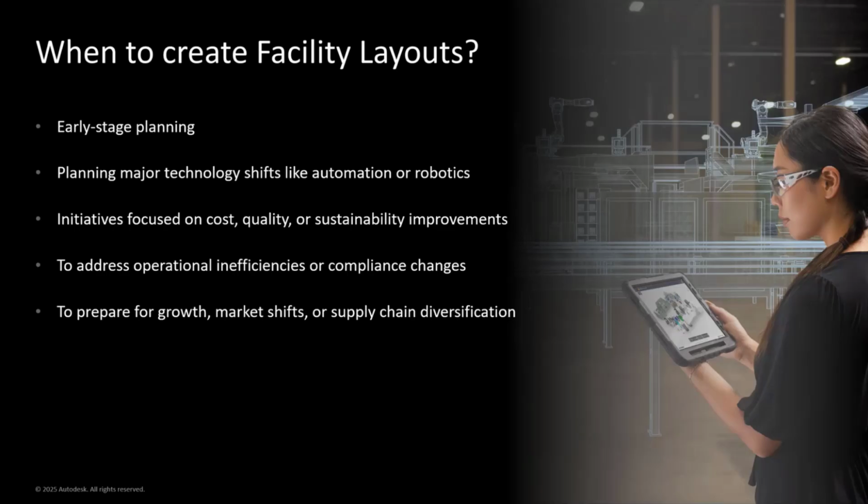Also when the company direction wants to focus more on cost, quality, operational efficiency, and compliance changes to prepare for growth. Maybe the company wants to grow, so the factory wants to expand to maybe plant 2, 3, and so on. So you can plan the movement or the changes in layout between the few plants.